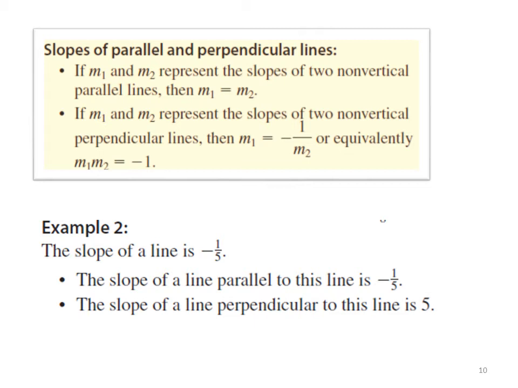This is the slope of the line we started with, minus 1 over 5. For any perpendicular line, take the reciprocal and change the sign, and you will get 5. You can verify this. If you multiply 5 times minus 1 over 5, the result will be minus 1. So the two lines are perpendicular.